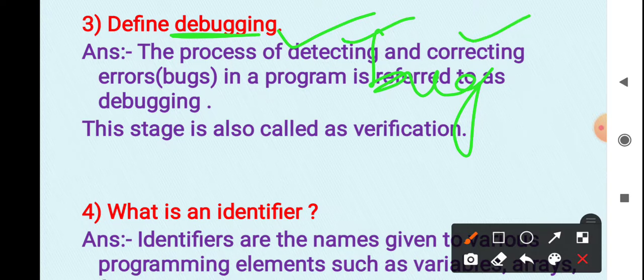First we have to detect where the error is, and after that we have to correct the error where it occurred in the program. This stage is also called verification. Debugging is also called verification, and testing is also called validation.